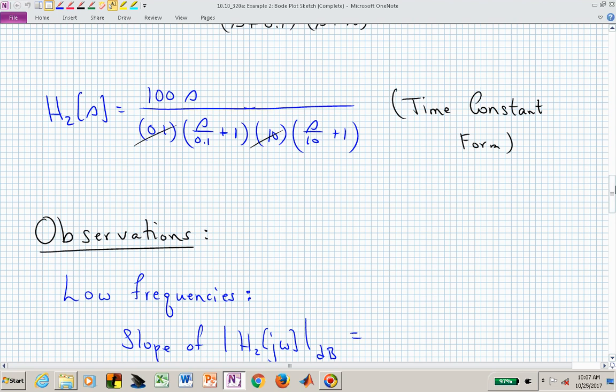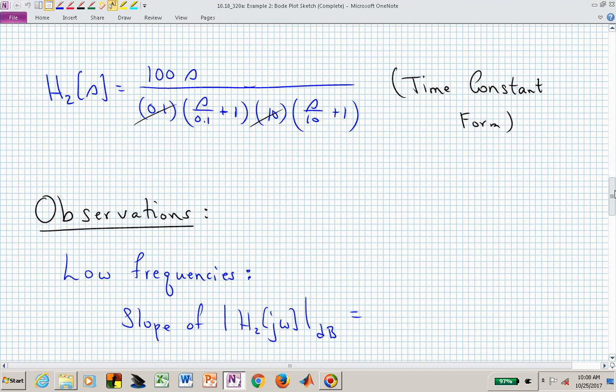Let's now make some observations before we start sketching, as a way of grounding our expectation as to what we should see. For low frequencies, what's the slope of that transfer function? When we talk about low frequencies, what do we mean?